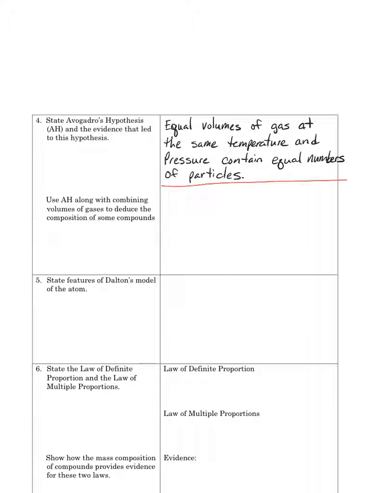Next question says, use Avogadro's hypothesis along with combining volumes of gases to deduce the compositions of some compounds.